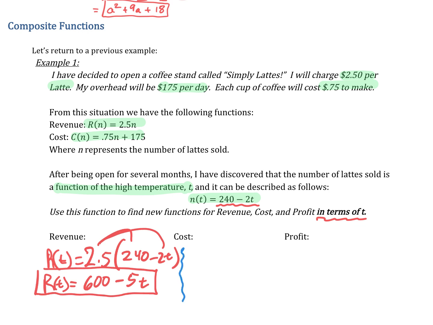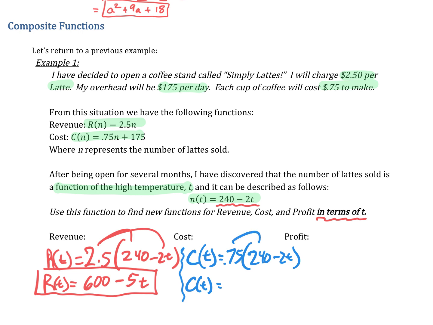So we can take my cost function, 75 cents times N plus 175, and let's make that in terms of T. So we're going to have 0.75 times N. Well, N is 240 minus 2T. And so cleaning that up, we distribute.